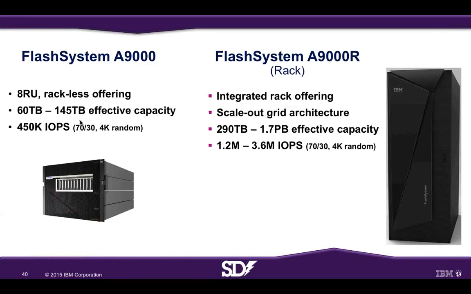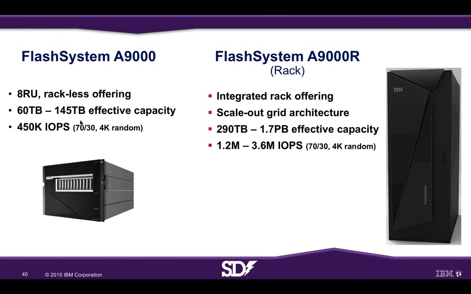So the reason I mention that is because for the people who are familiar with XIV, we created the A9000 as another line here that is based on the XIV grid technology. So now in an A9000, the base unit inside there is the FS900, which is our goes fastest flash in the industry.